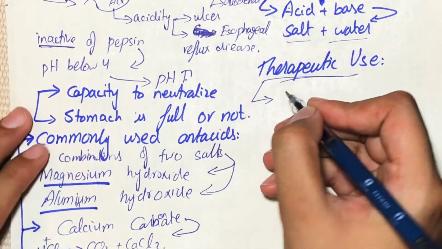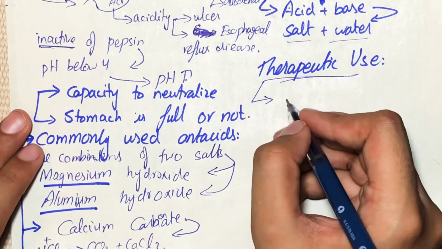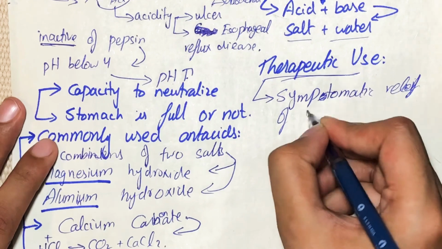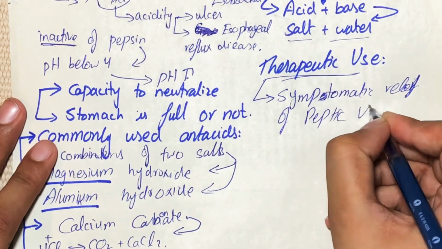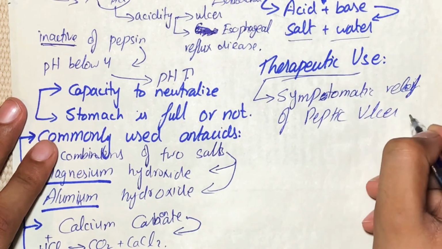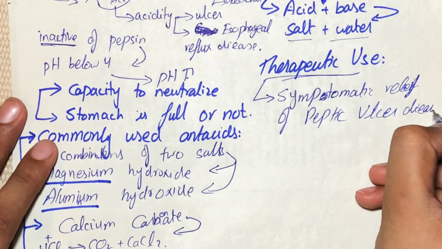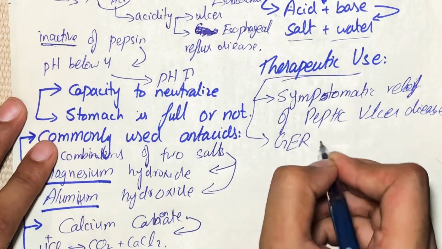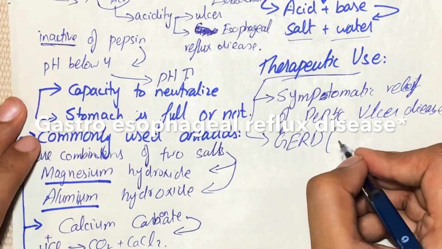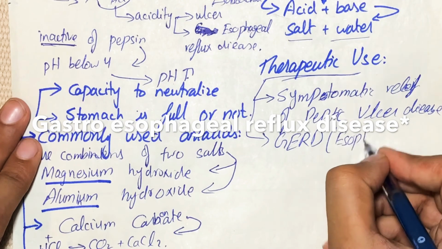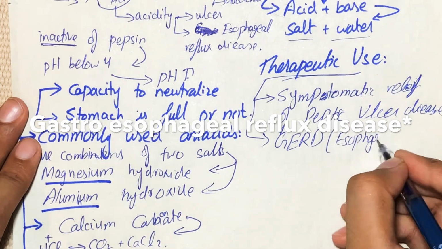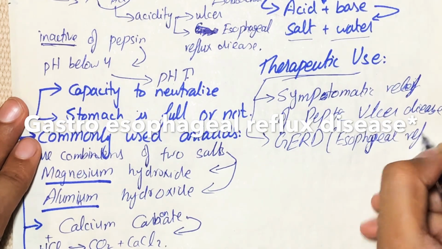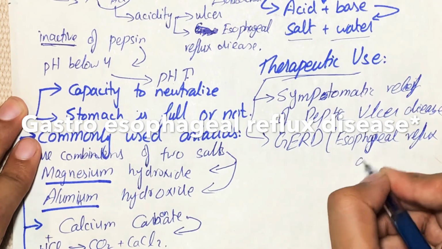We can use antacids for the symptomatic relief of peptic ulcer disease, or GERD, which means esophageal reflux disease.